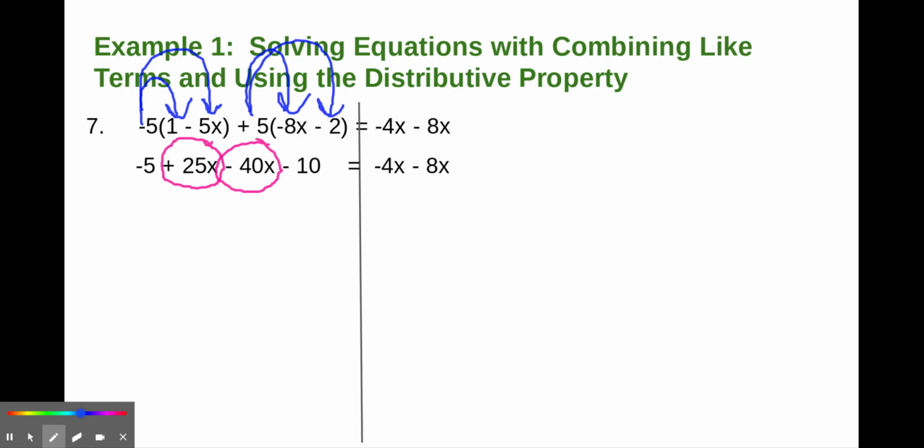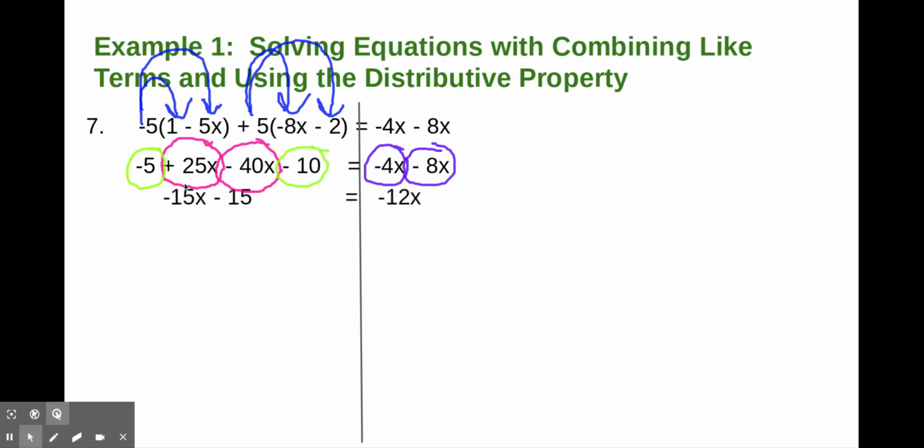I also am allowed to combine this negative 5 and this negative 10 together. I can combine what I circled in the pinkish color, the 25x and the negative 40x, and then the green, this negative 5 and negative 10. And on my right side, I'm also allowed to combine this negative 4x and this negative 8x. So let's see what happens here.